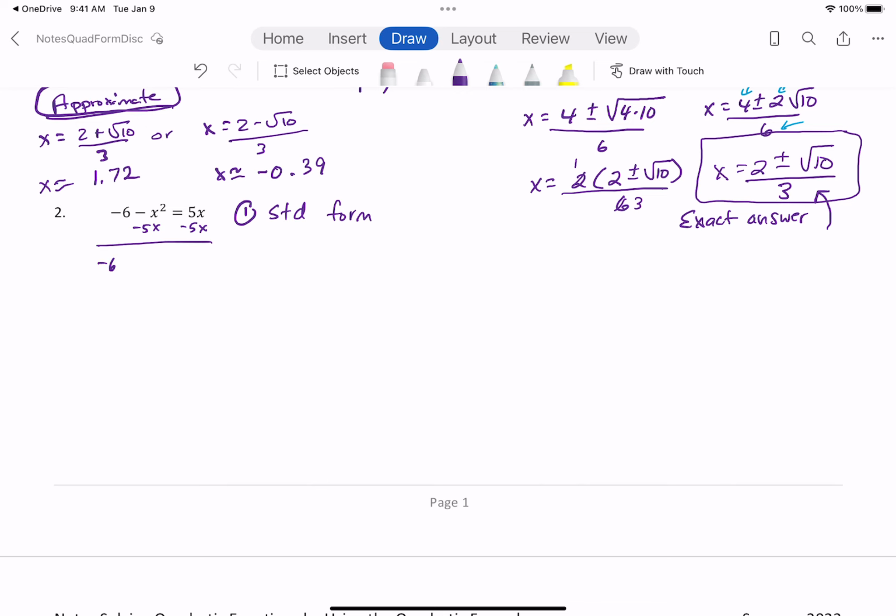So we'd get negative 6 minus x squared minus 5x equals 0. And of course, then we're going to have to rearrange. Standard form has them in descending order. So we'll have negative x squared minus 5x minus 6 equals 0. So now it's in standard form.